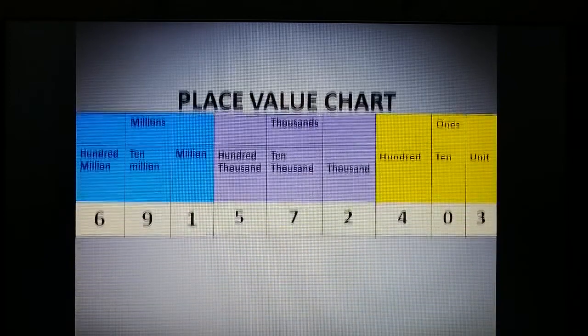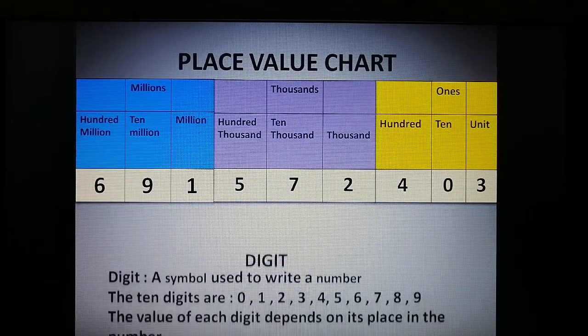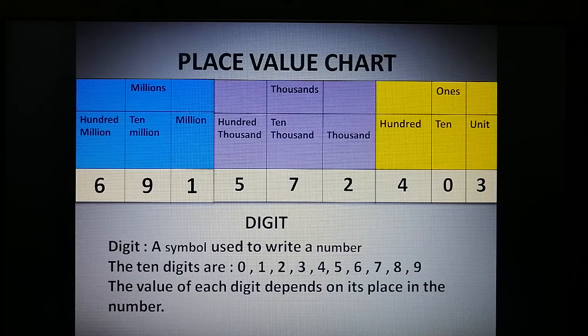Now you can see this beautiful place value chart, which starts from unit to 100 million. So what is a digit? A symbol used to write a number is called a digit.